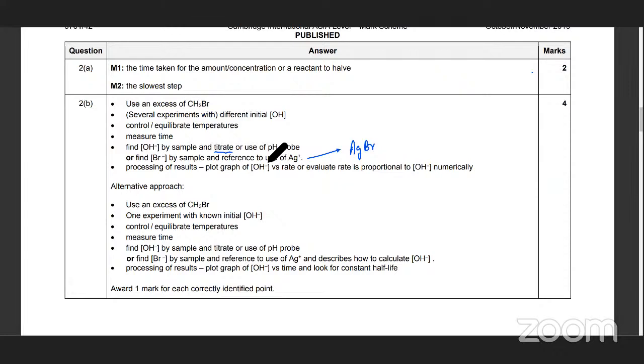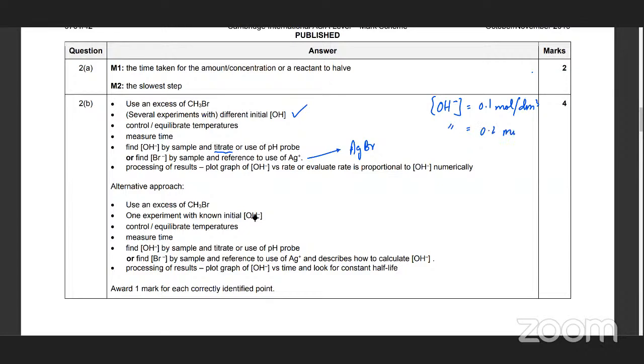ठीक है, ये clear है? pH probe was probably the easiest. और वो OH versus rate. ठीक है, why is he doing several experiments? Let's say OH ion concentration is 0.1 mole per dm cube in the first experiment, and you double it to 0.2 mole per dm cube.